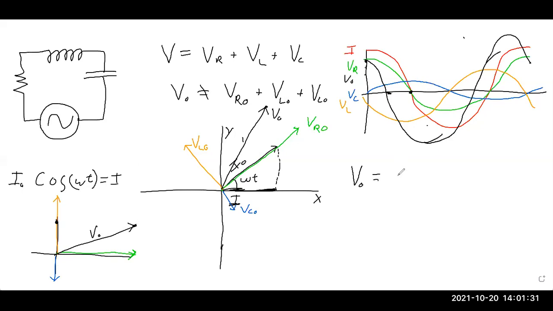So Pythagorean theorem, that's going to be the square root of our voltage amplitude across the resistor squared, plus the square of the difference of these magnitudes.